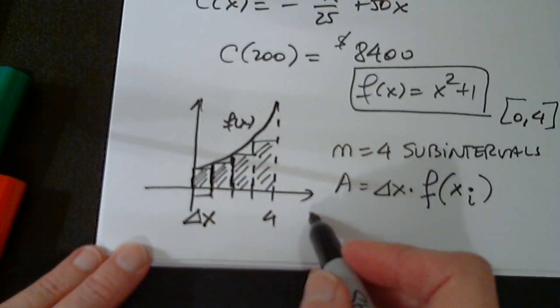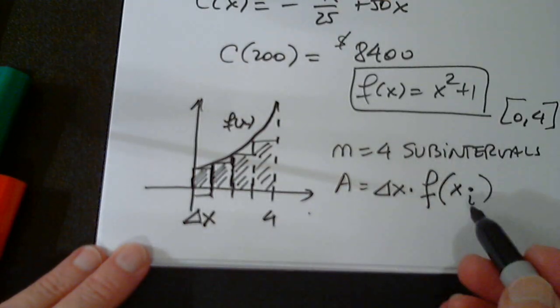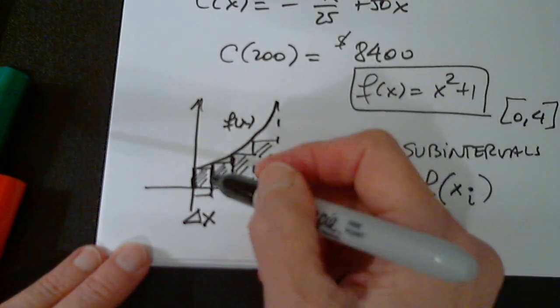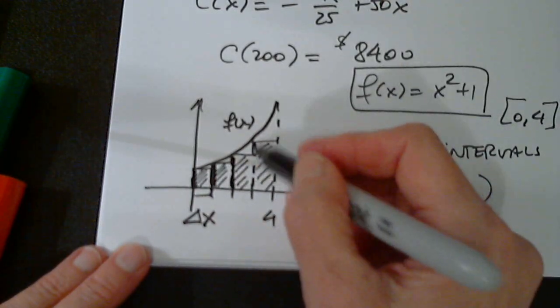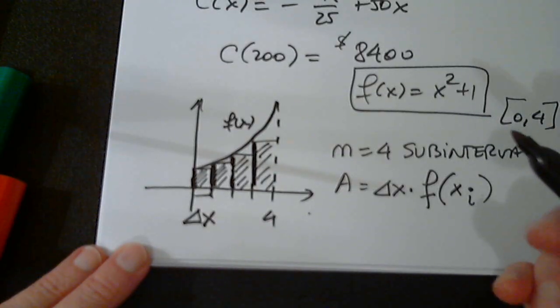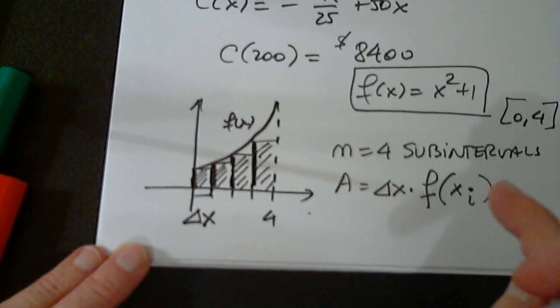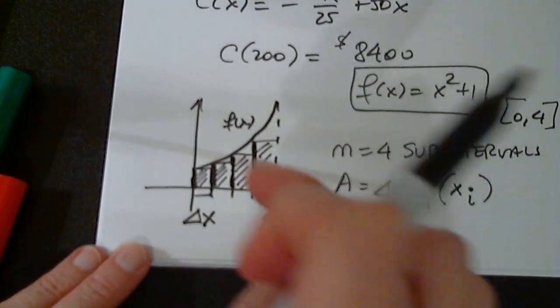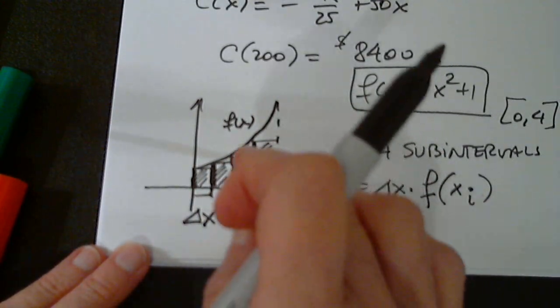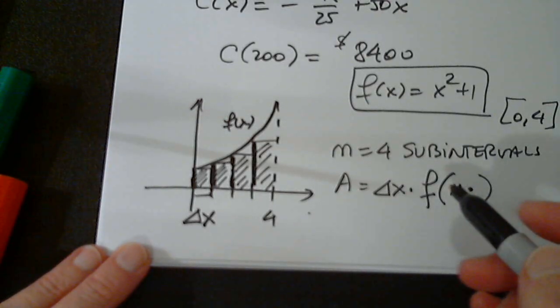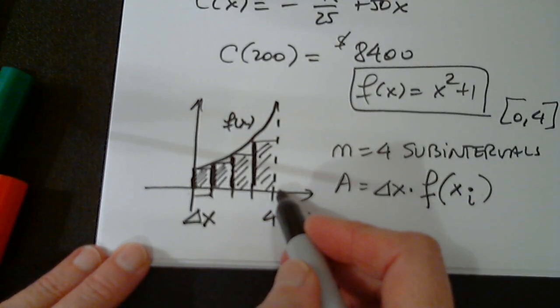So it depends on where we're looking. When i is 1, the first subinterval will be this height, the second one here, the third one here, and the fourth one here. So I cannot just put f of x. It has to be specific. For the first interval it is a value, for the second interval a different value, and so on and so forth. That's why we put i. And i is from 1 to 4 in this case.